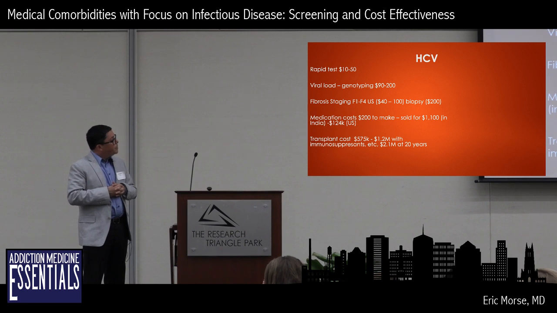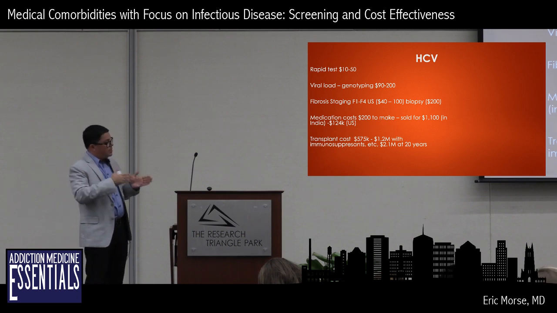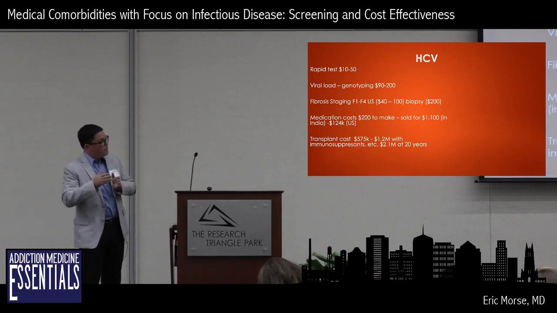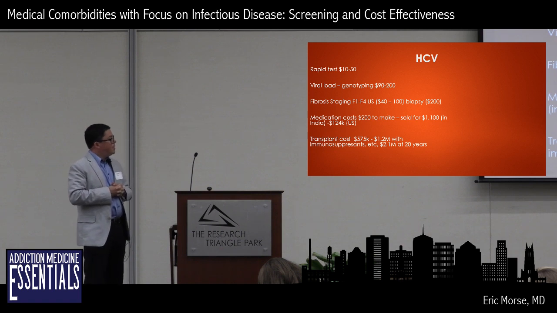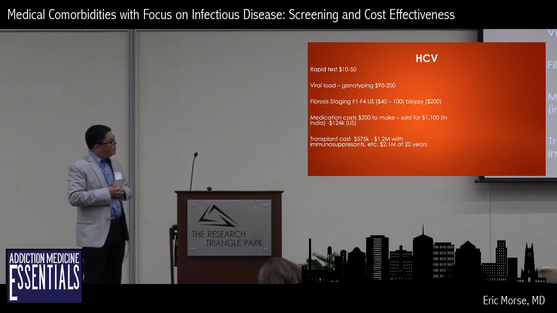So the costs: a rapid screen is going to cost you somewhere between 10 and 50. Your viral loads are 90 to 200. If you're going to stage so that you can justify using the hepatitis C eradicating medicine, sometimes that's required by some insurance companies. That runs you about 200.